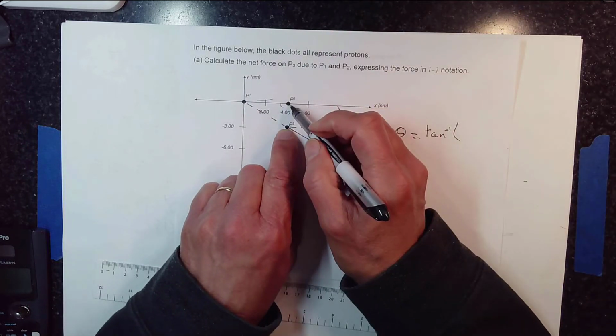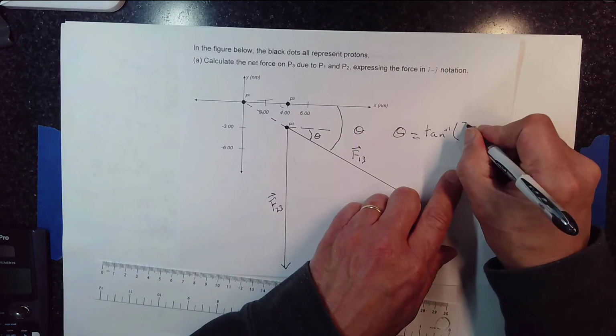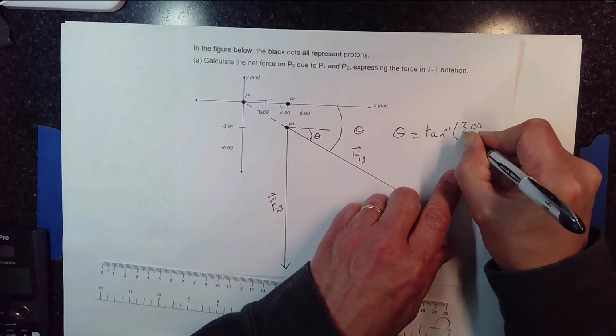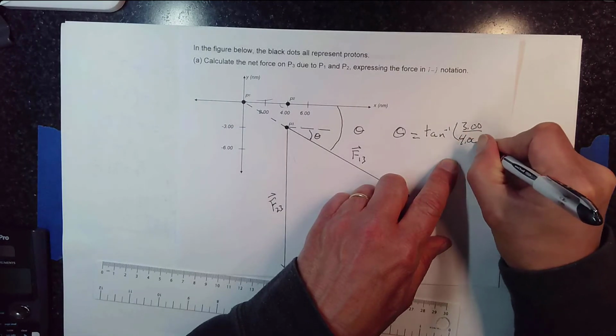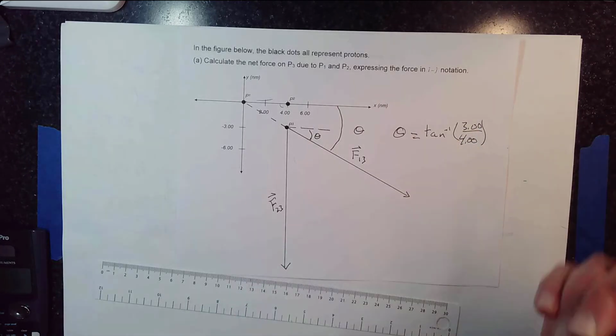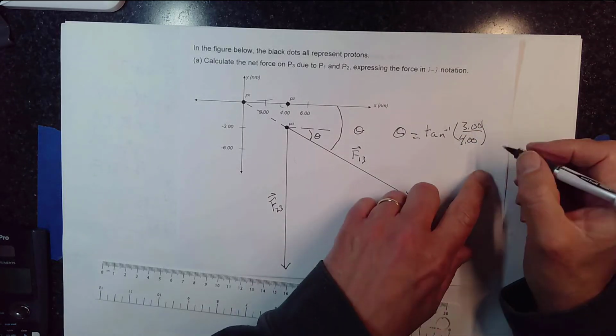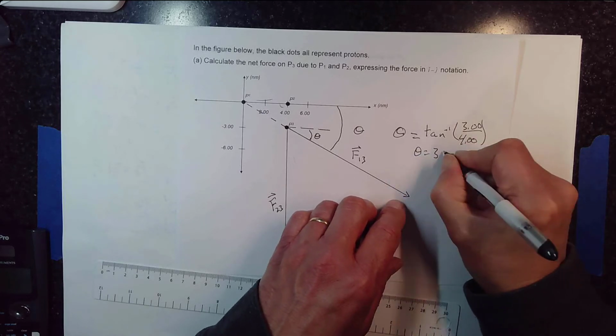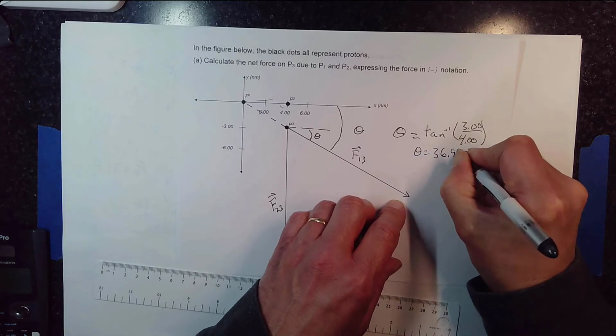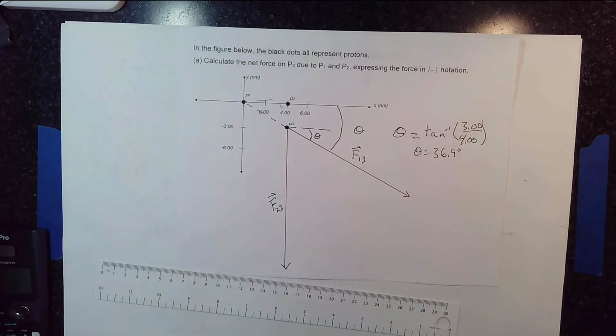But the opposite side is going to be 3.00, and the adjacent side will be 4.00. And when you calculate that, you end up with a value for theta of 36.9 degrees. I'm in degrees mode on my calculator, by the way.